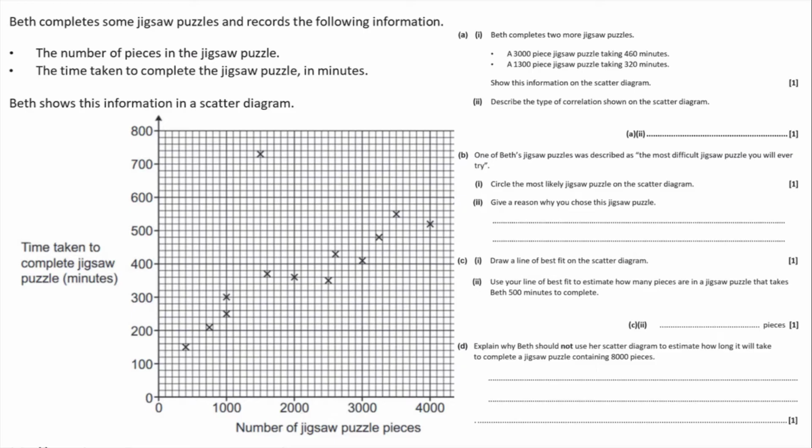Question A, part 1 says Beth completes 2 more jigsaw puzzles, a 3,000 piece jigsaw puzzle taking 460 minutes and a 1,300 piece jigsaw puzzle taking 320 minutes. Show this information on the scatter diagram. Okay, so we've got 2 more points to plot. So reading up from 3,000, then we're going to have to put a point in at 460.